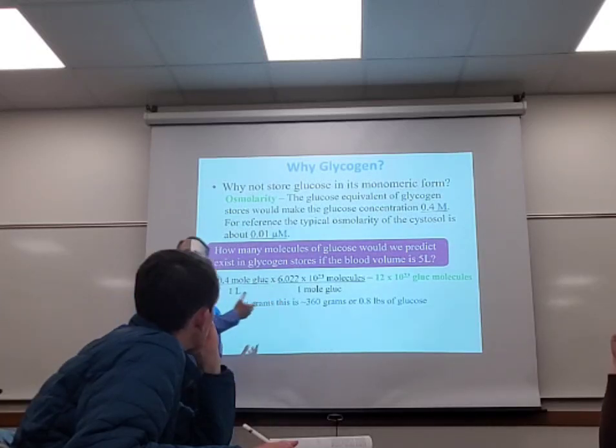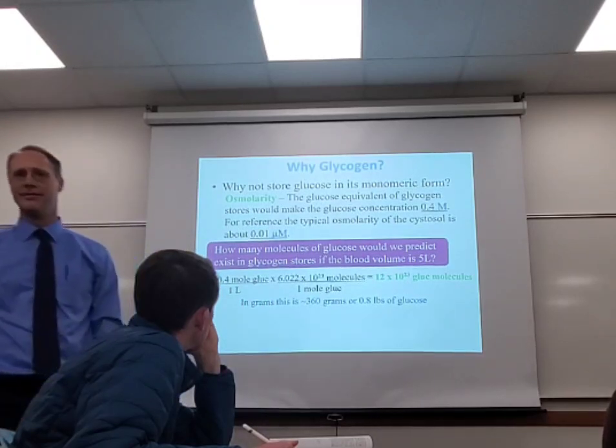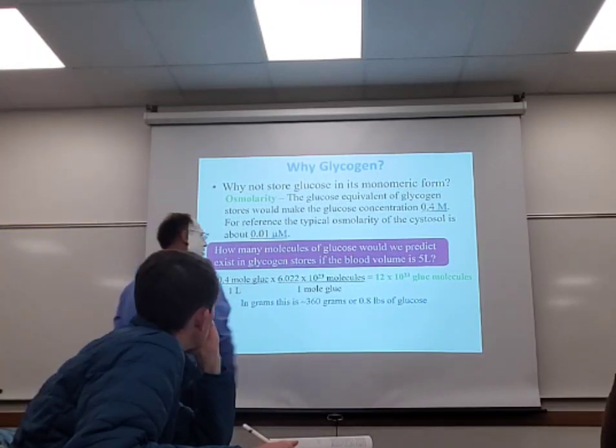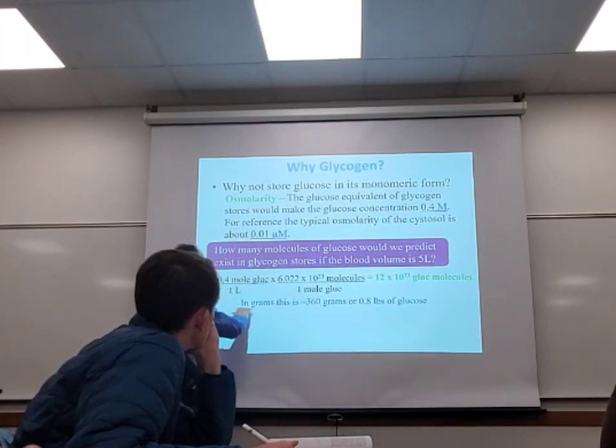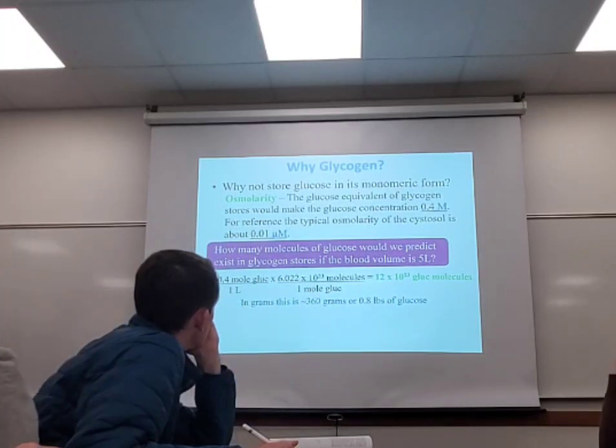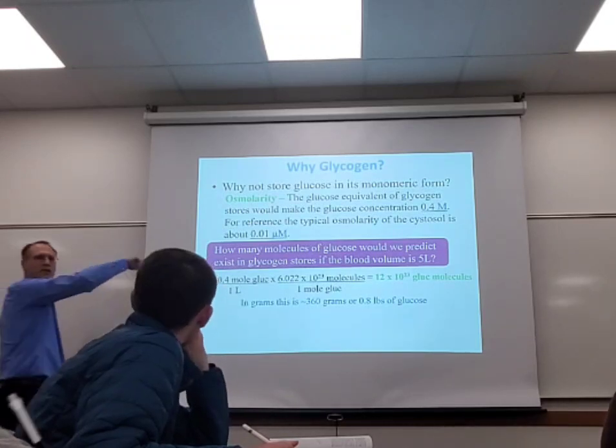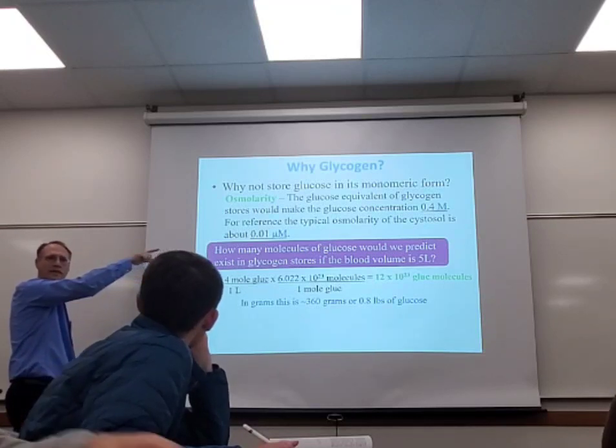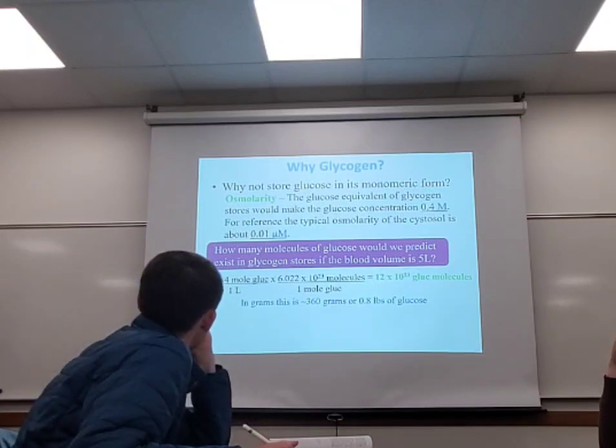How cool is that? I used to do that in 105. This tells me how many glucose molecules, which if I translate that into grams is about 360 grams or 0.8 pounds of glucose. That's just in your blood though, right? That's actually the equivalent of all your glycogen stores. Meaning that's what's stored in your body.